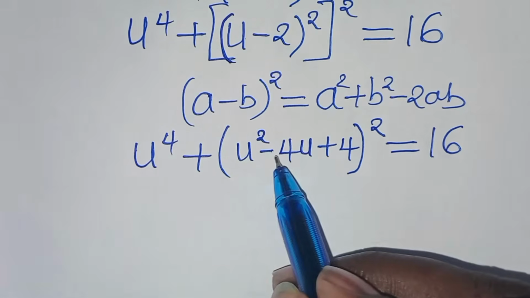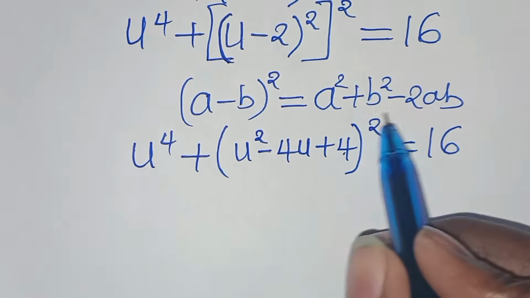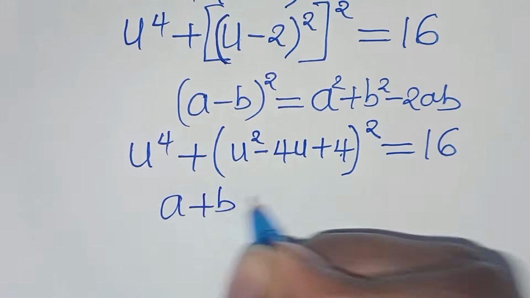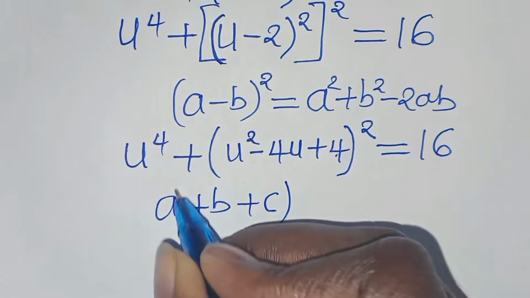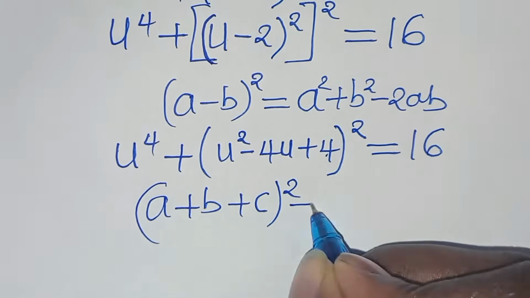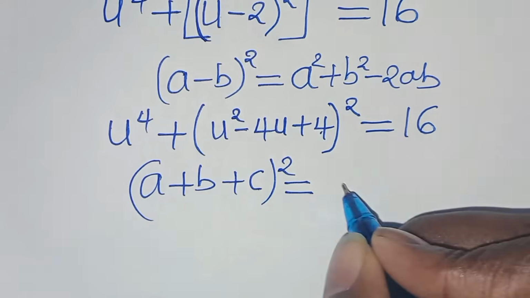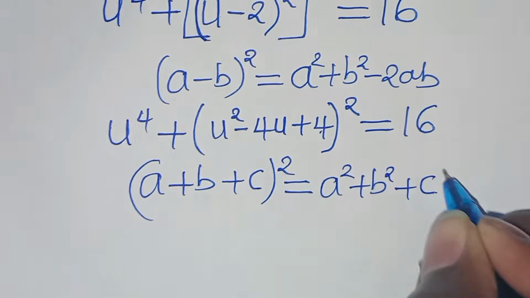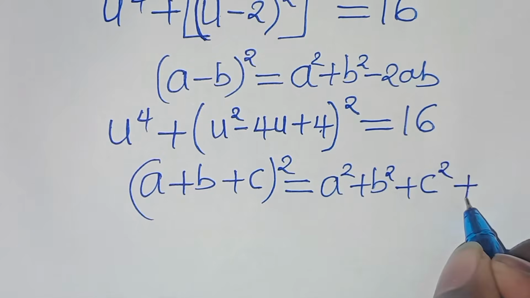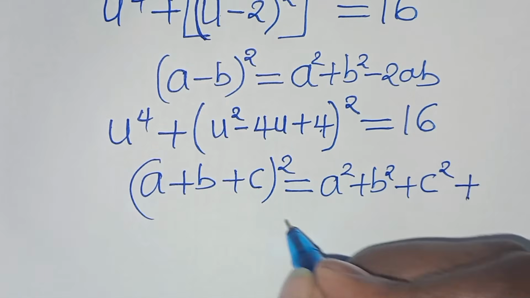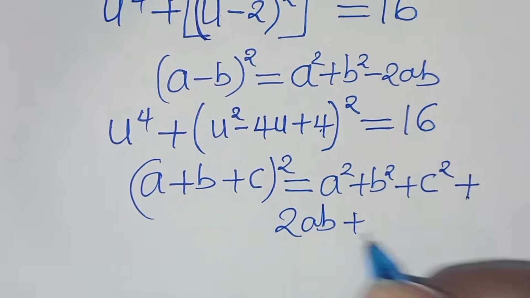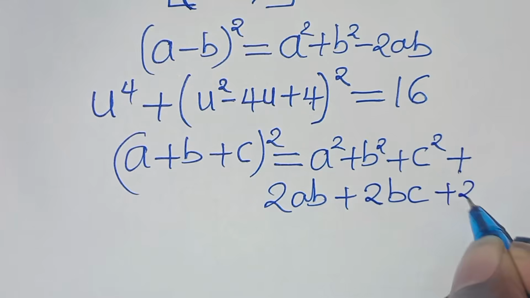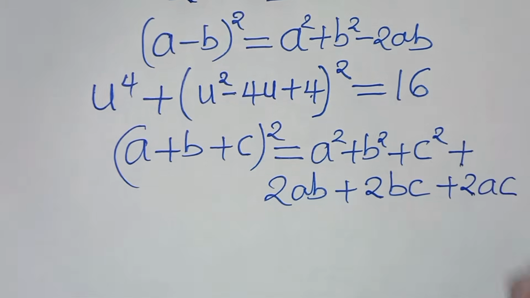Now, (u^2 - 4u + 4)^2. This is in the form of (a + b + c)^2, which is equal to a^2 + b^2 + c^2 plus 2ab plus 2bc plus 2ac.